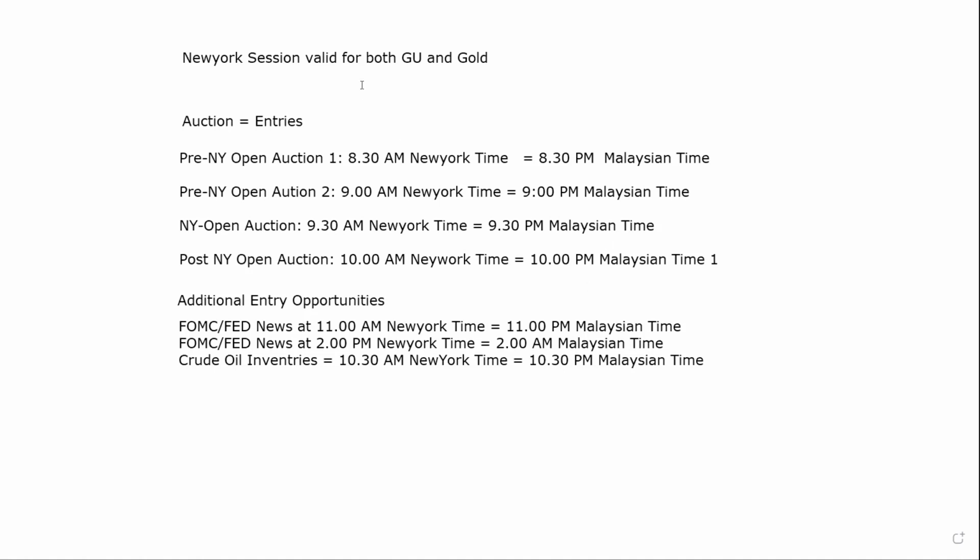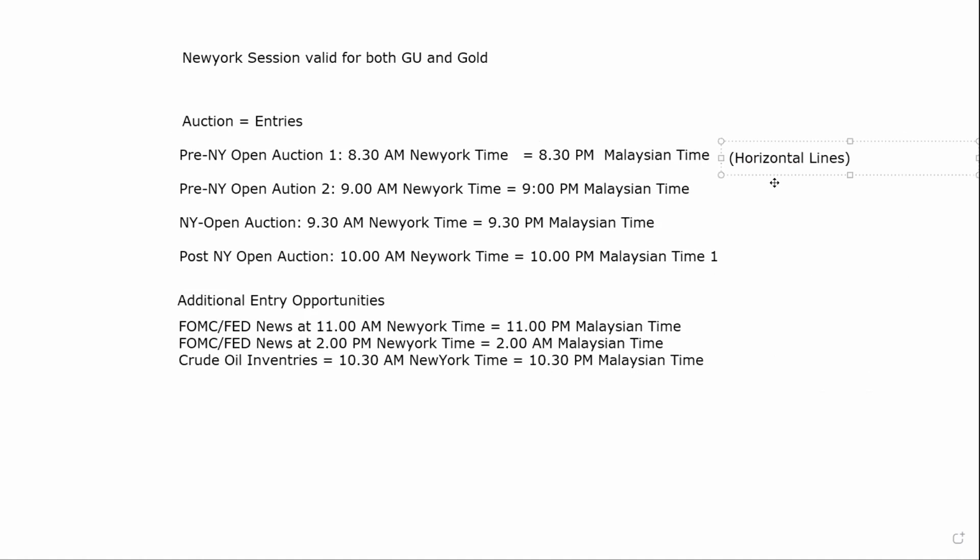All right. So these are the New York session times, valid for both GU and gold. At these times, you're going to draw horizontal lines on your chart. Got it? In each of them. I think you got my point, right?